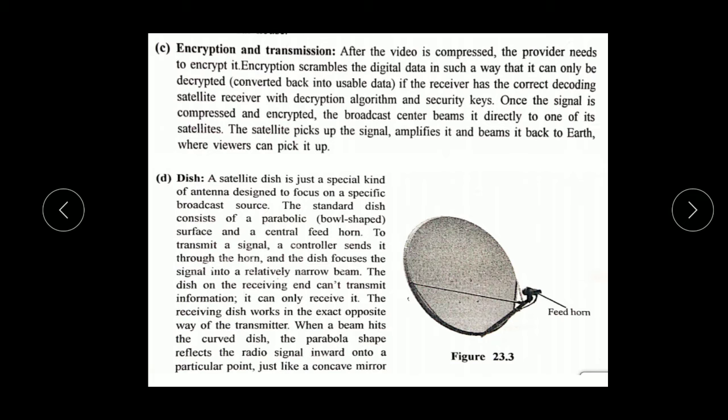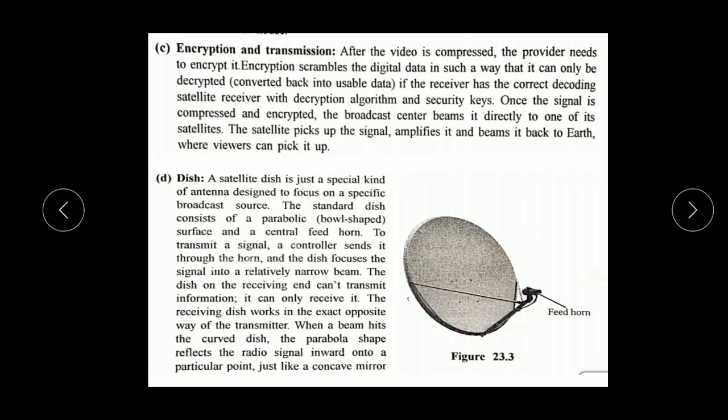Second thing is encryption and transmission. After the video is compressed, the provider needs to encrypt it. Encryption scrambles the digital data in such a way that it can only be decrypted, converted back into usable data, if the receiver has the correct decoding satellite receiver with the decrypting algorithm and security keys.